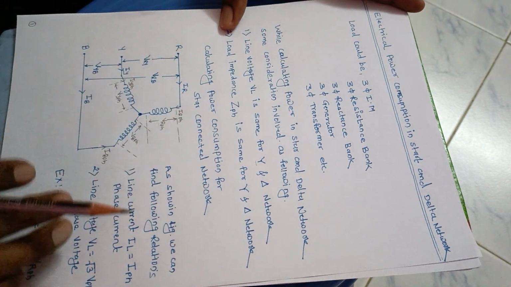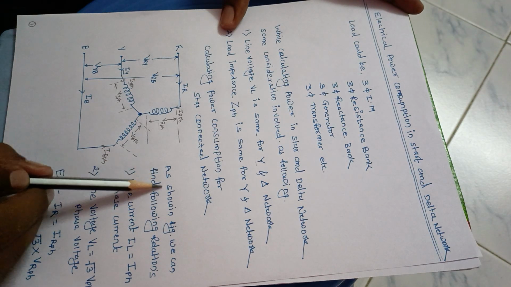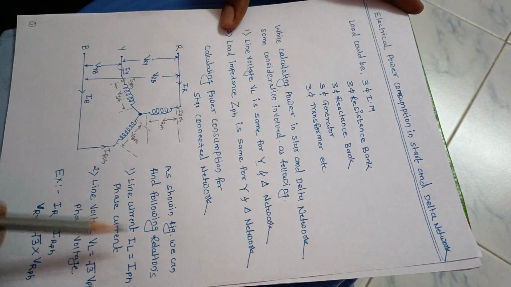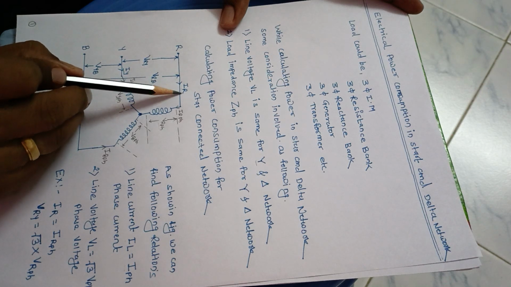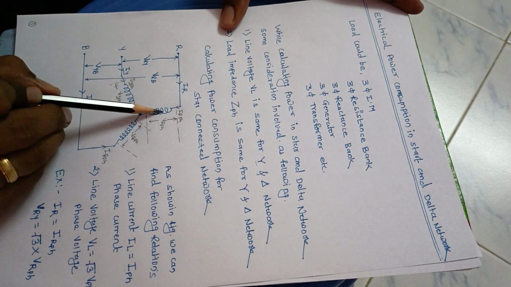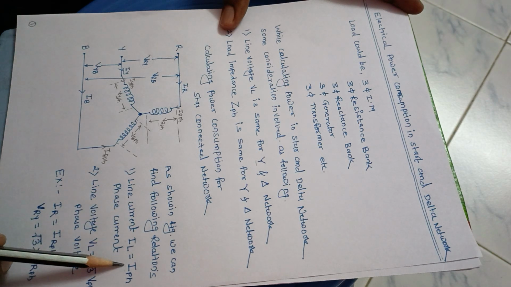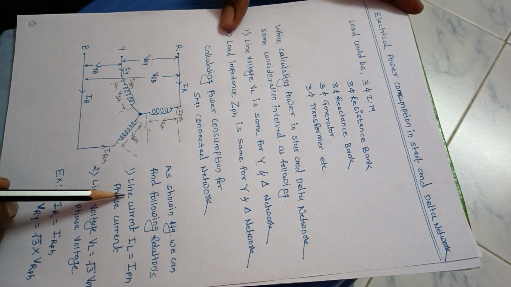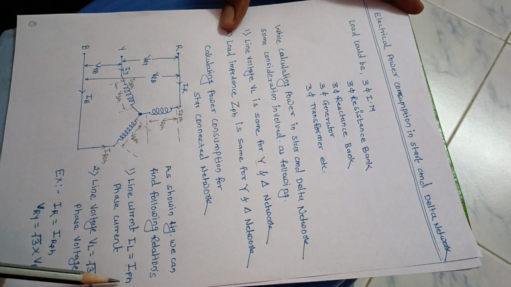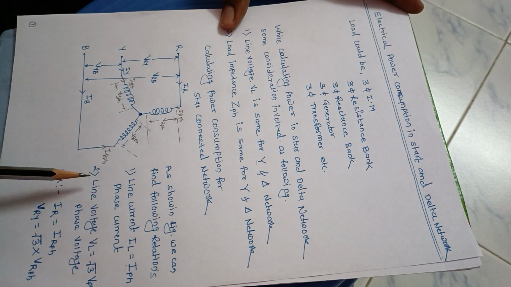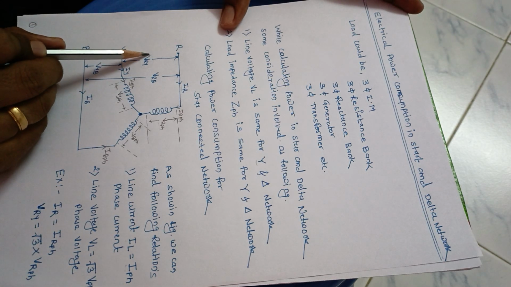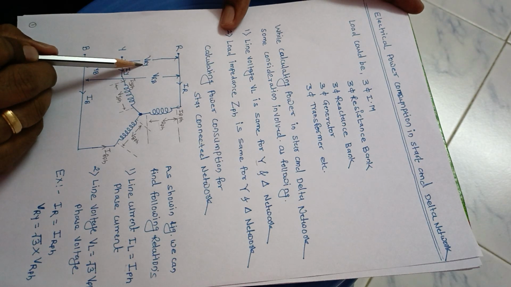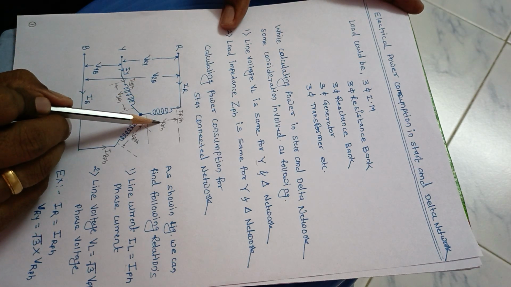Based on this, as shown in the figure, we can find the following relationships. The line current IL is equal to IPH; the line current IR flows through the R phase winding, so the line current is equal to the phase current. For the voltage, in this diagram we see that the line voltage VRY is not equal to VR phase.